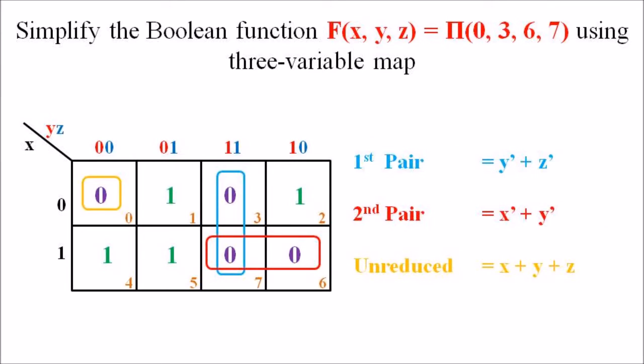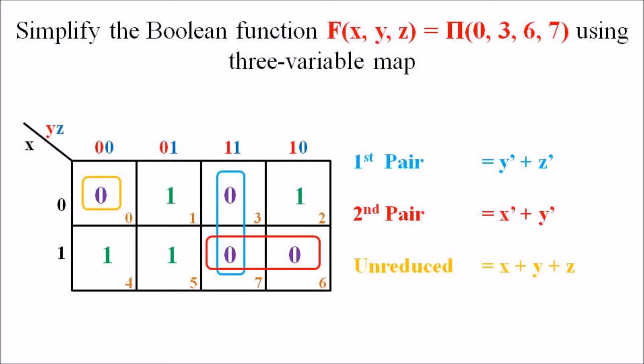Now we have to minimize these given sets. Considering the first pair, it lies in the first and second row, and in the third column. For reduction, we should consider only the variable which is unchanged.